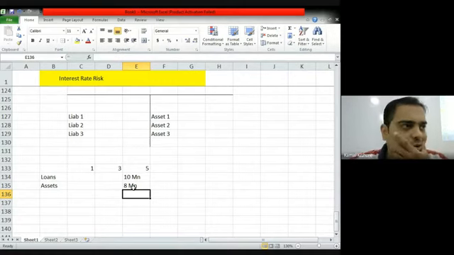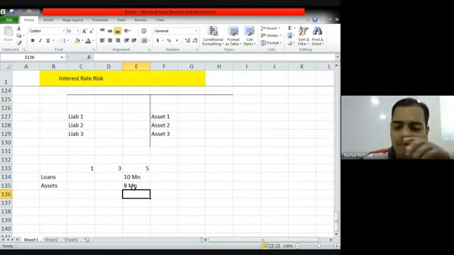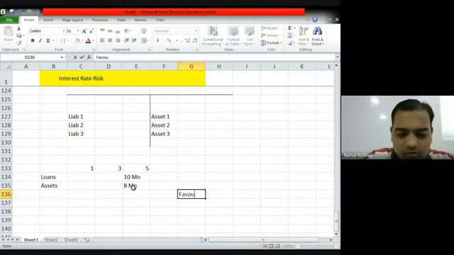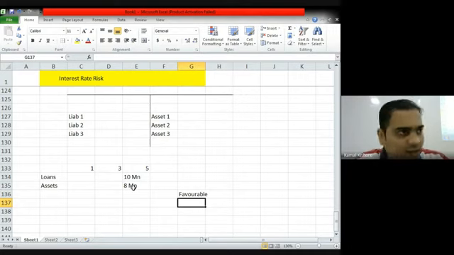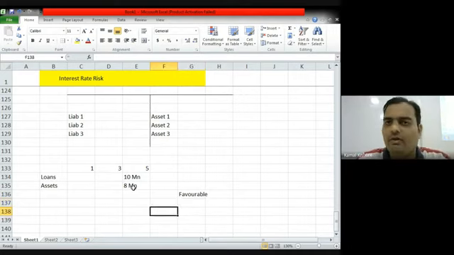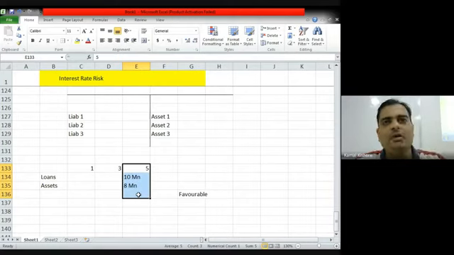So if interest rates change, when will I be in a favorable position? The question is when I will be in a favorable position: when interest rates increase or when interest rates decrease. In this case, when will I be in a favorable position?